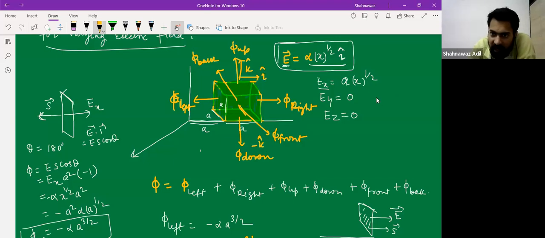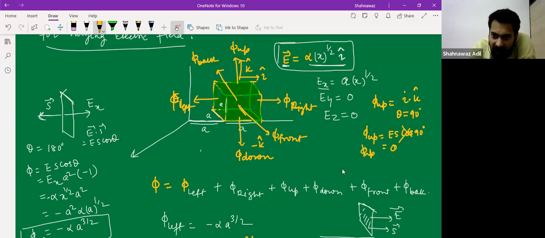So for phi up, this would be I into k, so theta is 90. Your phi up would be Es cos 90, and you know cos 90 is 0, so phi up is 0.